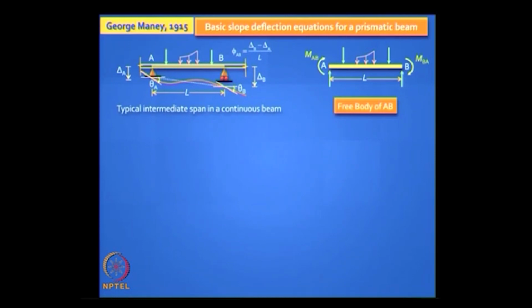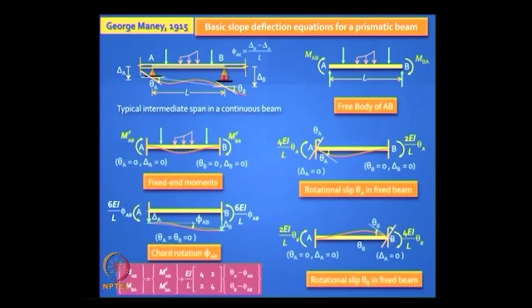So typically we look at any intermediate beam in a continuous beam system and we are trying to write down slope deflection equations, which is we are trying to write the end moment equations MAB and MBA, assumed clockwise positive here, in terms of slopes and deflections.